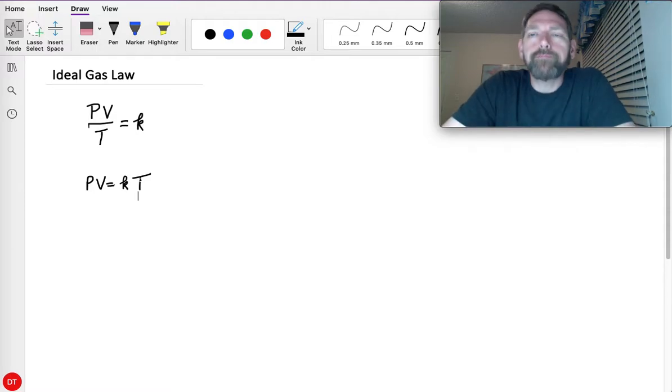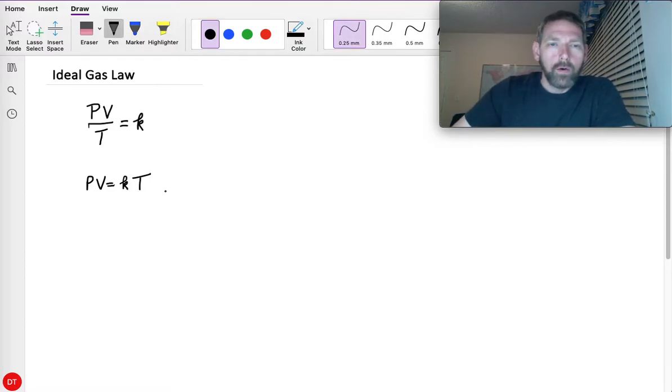times temperature. So now what we're saying is the amount of gas can change. So that means it's no longer K. That means this value here has to change. And what we do is we use a lowercase n, and n equals moles of gas.